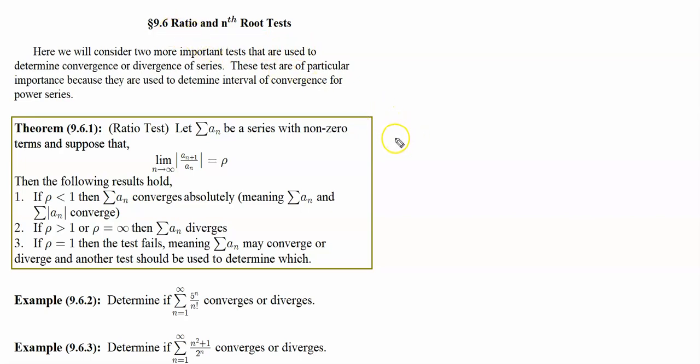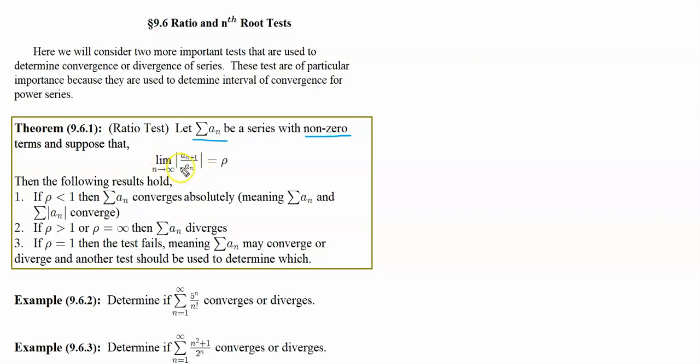Now the ratio test makes this statement. We start out with a series involving the terms a sub n, and we assume that these a_n terms are non-zero. And then we consider this limit as n approaches infinity. So we consider the limit as n goes to infinity of the a sub n plus 1 term divided by the a_n term, and we take the absolute value of that quantity.